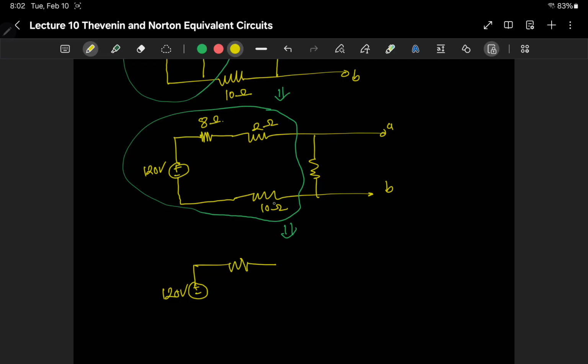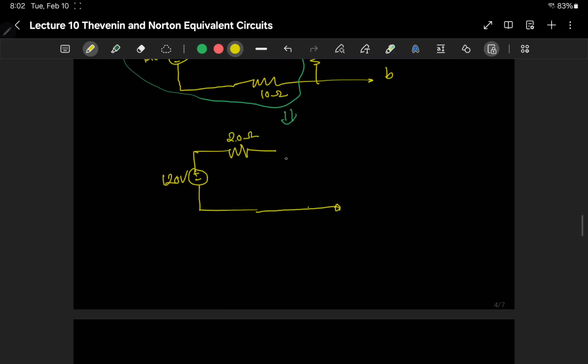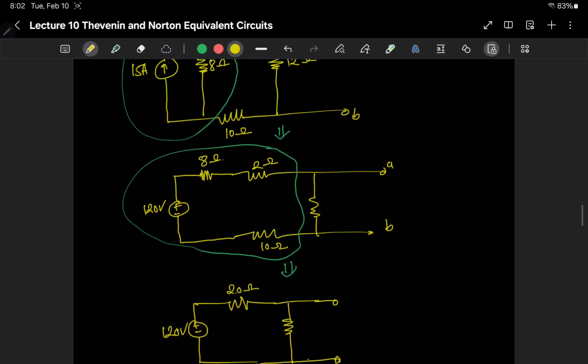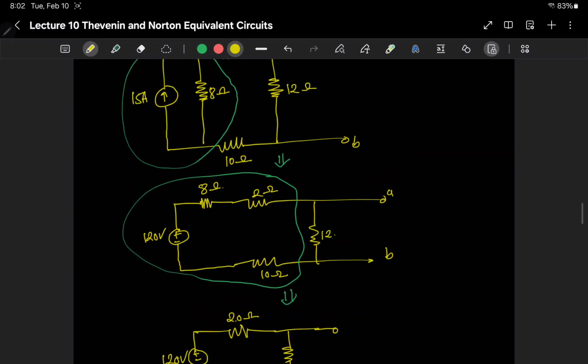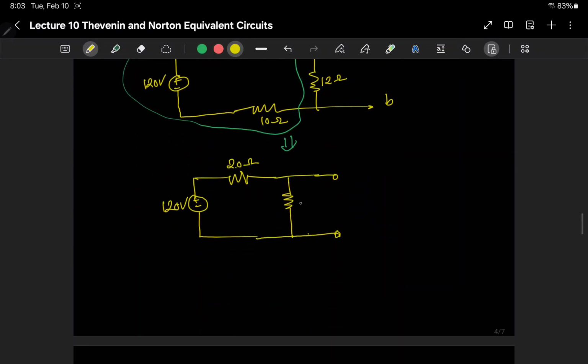So 8, 2 and 10 is 20 ohms, right? And we had the resistance which is 12 ohm, okay, 12 ohm.